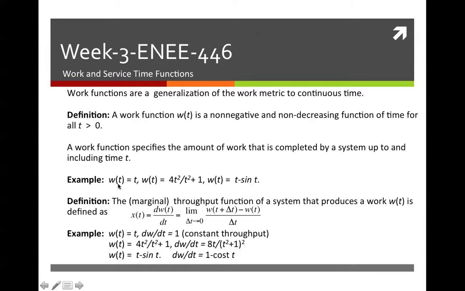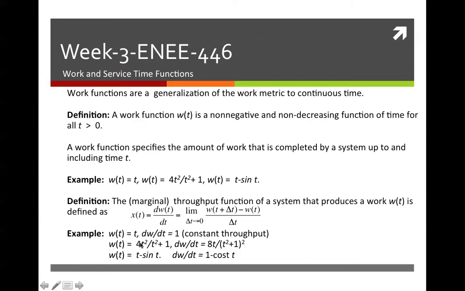So in the first case, our throughput function is equal to 1, which simply means that as work itself grows linearly with time, the throughput remains constant. That is to say, the rate of change of the work function is constant. So it's really a line, as it is here.